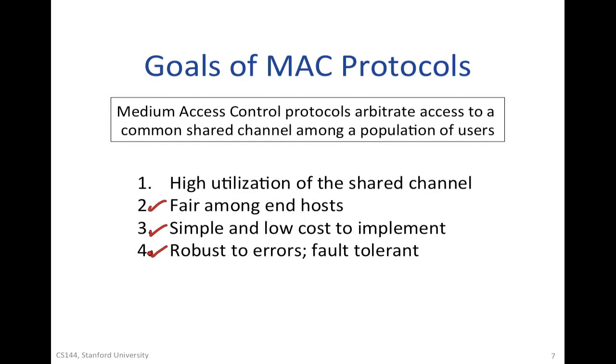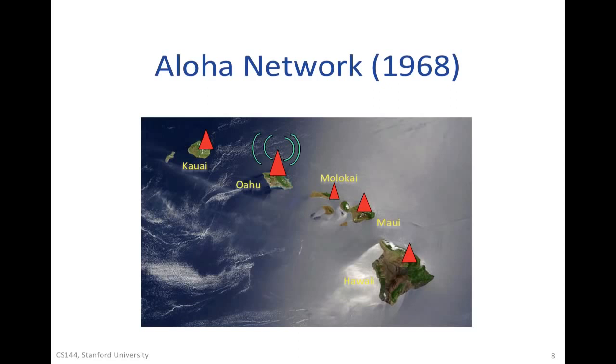Let me start with an example. The example that I'm going to be using is one of the earliest medium access control protocols, called the Aloha protocol, that was used in the Aloha network in Hawaii. So here are the Hawaiian Islands. Basically, there was a central station in Oahu, where Honolulu is, and then there were relays or end attachments at radio transmitters on the islands of Kauai, Molokai, Maui, and Hawaii.